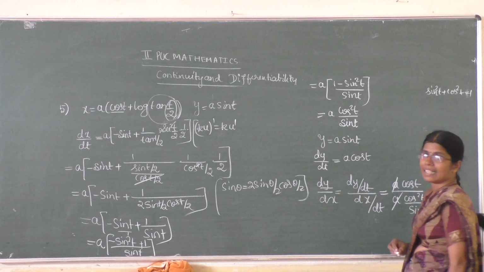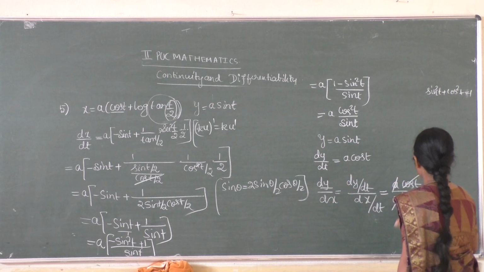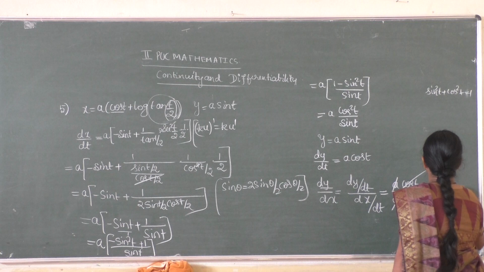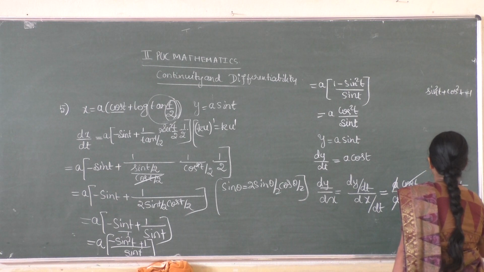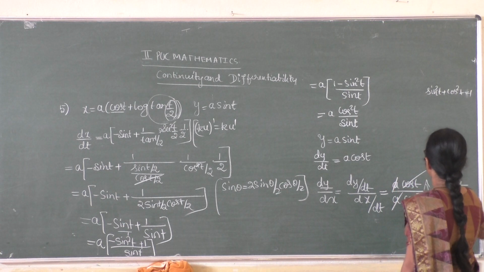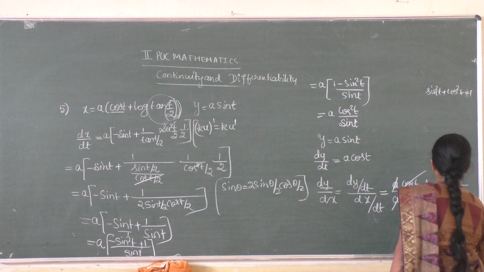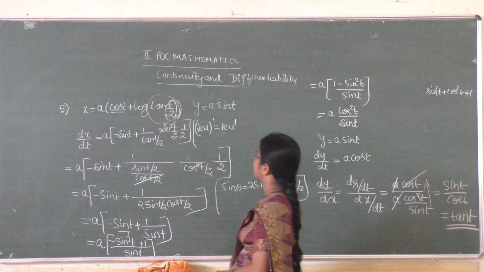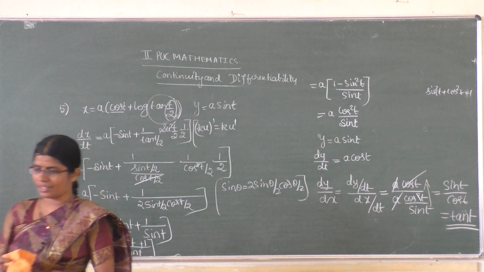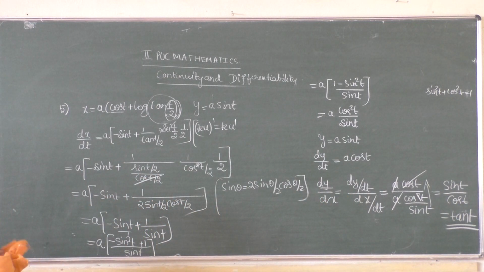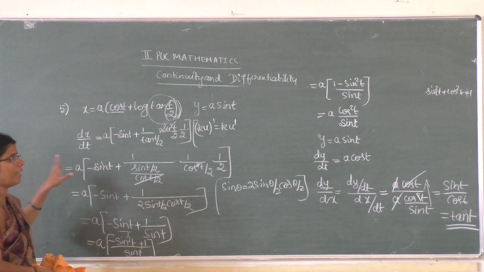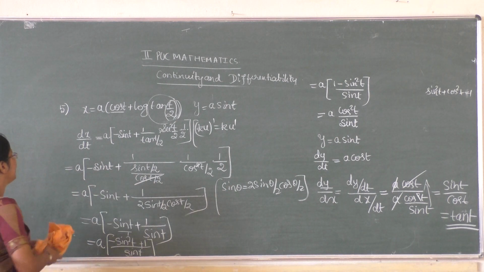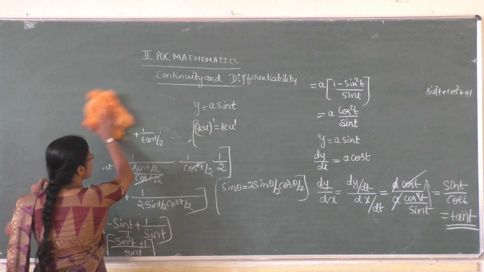So a and a cancels, here cos and cos cancels, so you are getting here sin t divided by cos t. So this goes up, so sin by cos, that is tan t. Okay, so we get tan t, that is the answer. Okay, so for this particular function we got dy by dx is equal to tan t. We consider the next problem.